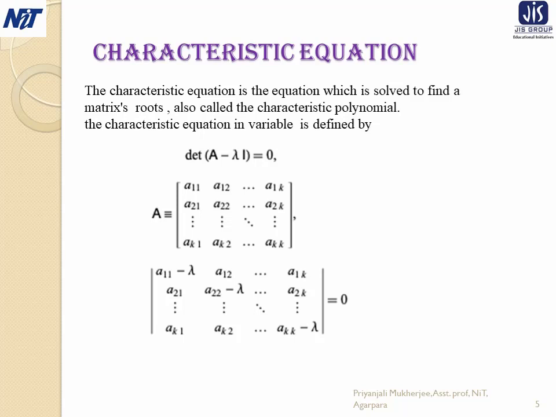So first, to find the characteristic equation, we calculate the determinant of sI minus A, or lambda I minus A, or A minus lambda I. Then we compare it with 0. The equation which we get is known as the characteristic equation or the characteristic polynomial of the given system.